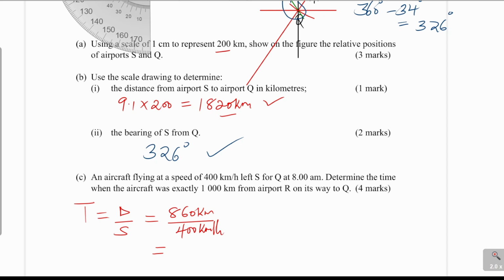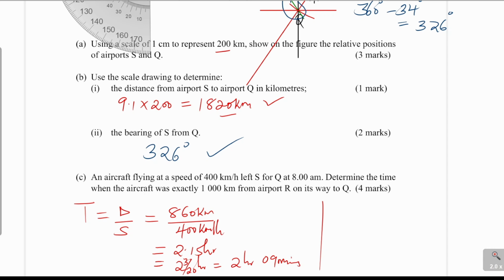When you divide this, you will get 2.15 hours, which is the same as 2 and 3 over 20 hours, which is equivalent to 2 hours and 9 minutes.